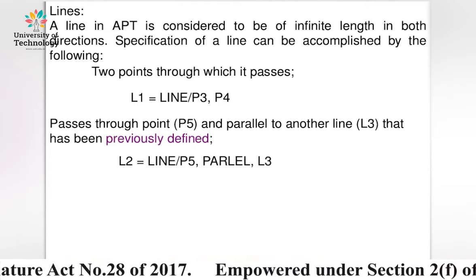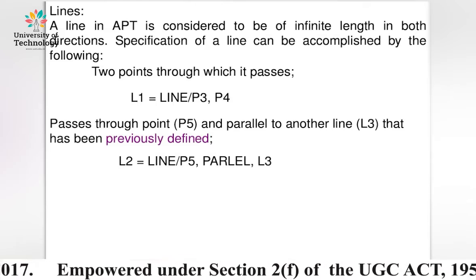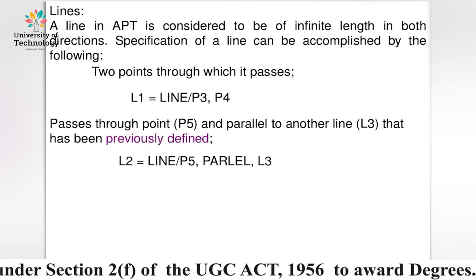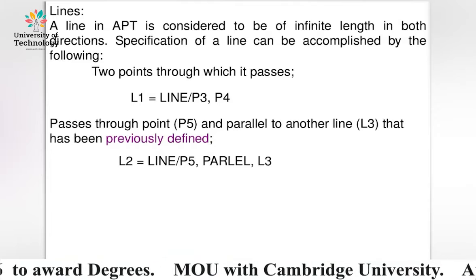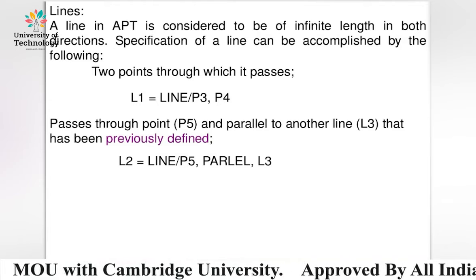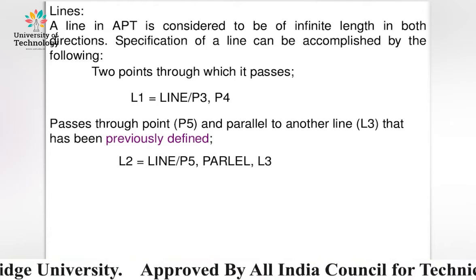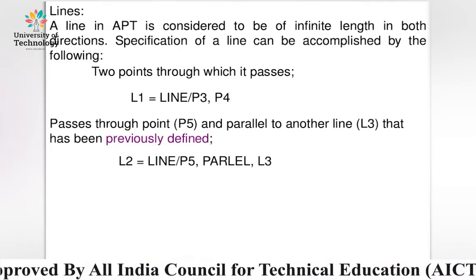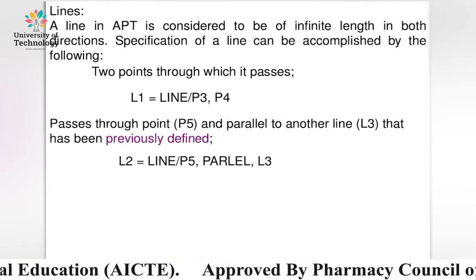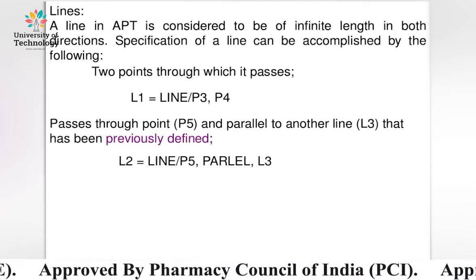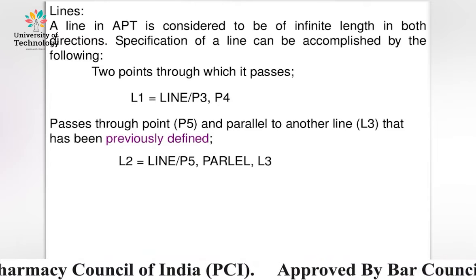Lines. A line in APT is considered to be of infinite length in both directions. The specification of a line can be accomplished by the points through which it passes: line symbol L1 equals LINE slash P3, comma, P4.